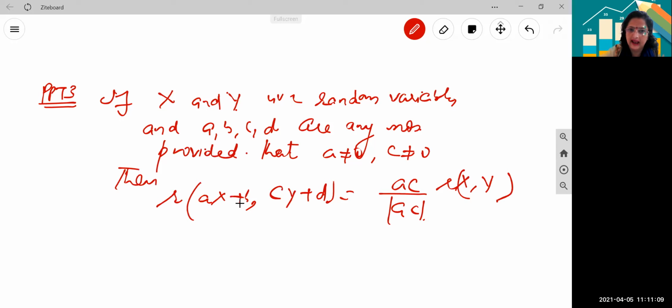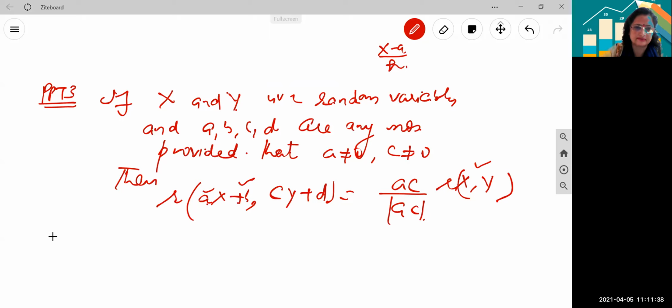In the previous property number 2, we took deviations, that is, X minus A, and then divided for scale. Here we are adding and multiplying. Then it will have this kind of property. It depends upon the value of AC. Ultimately, either it will give Rxy or it will give minus Rxy.